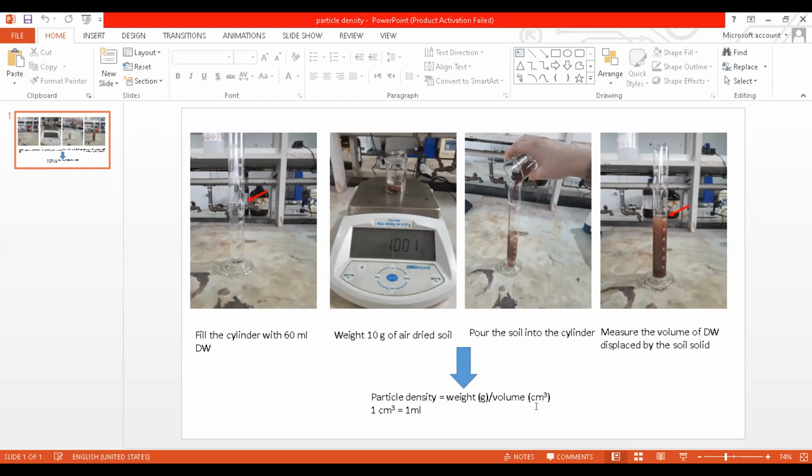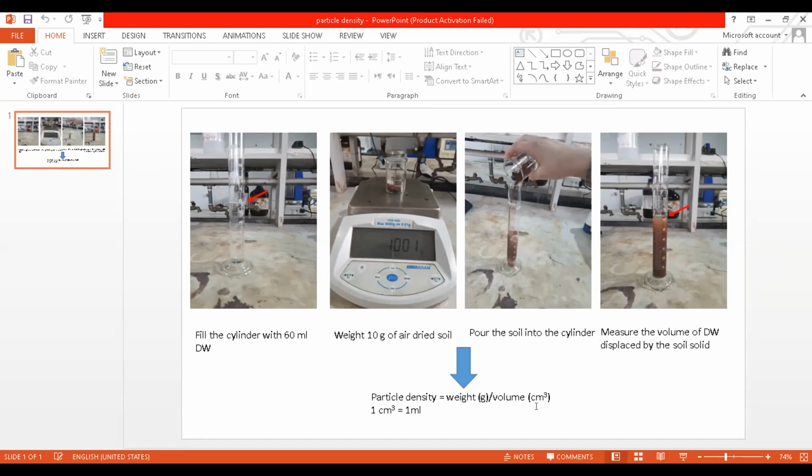I have a question here. We can use the air-dried soil, not the oven-dried soil? But what about the weight? About the weight, you have to use the oven-dried soil. Oh, we have to use the oven-dried. Yes.